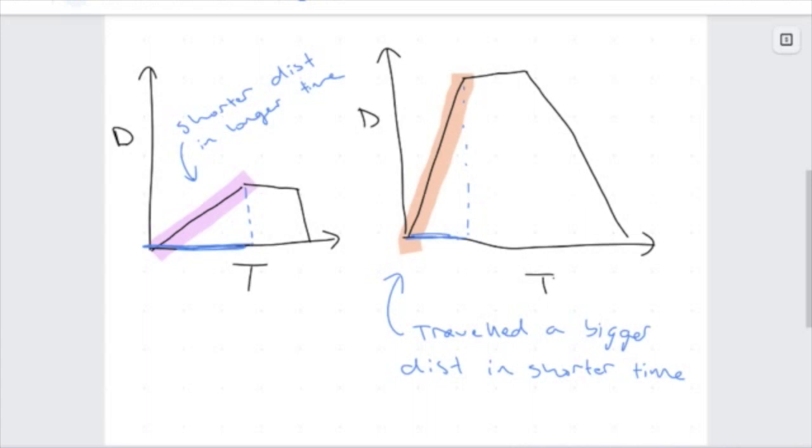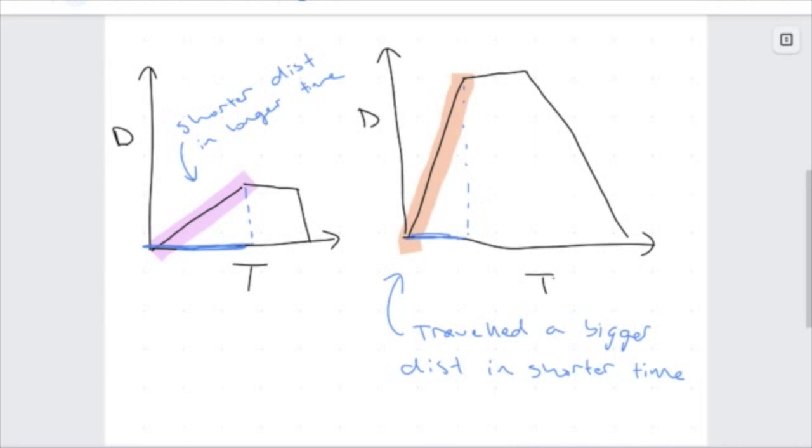Now, imagine, for example, if I were to race a car, right? If I were to run or even ride a bicycle and I were to race a car, the car is going to travel a lot further in a short amount of time. Whereas me on my bike or running, I'm going to go not so far, and it's actually going to take me a pretty long time. Or if we even compared us getting to the same point, traveling a certain distance, the car's going to get there in a shorter amount of time.